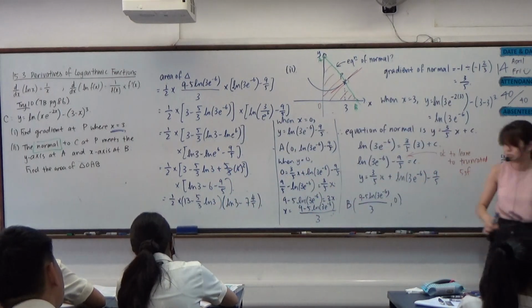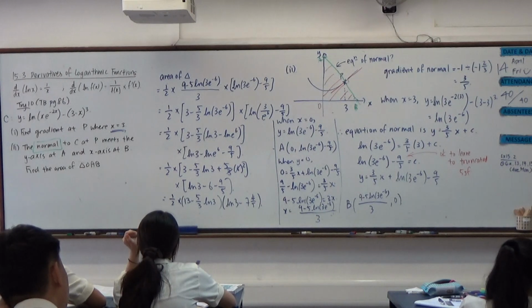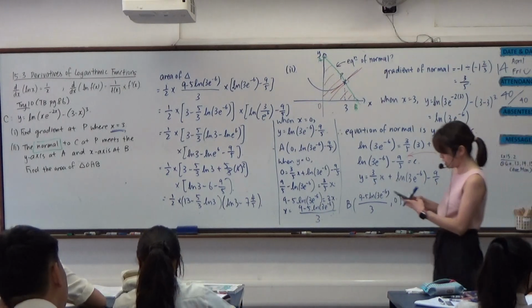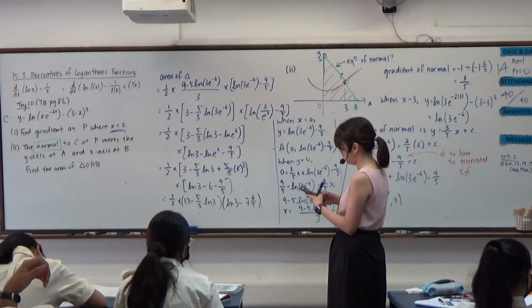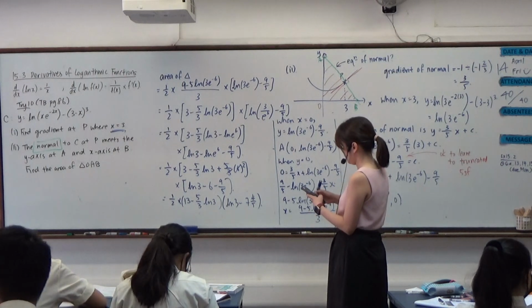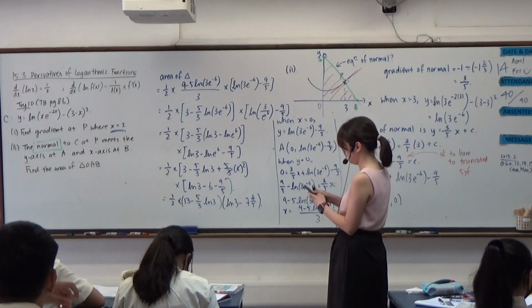Let me just do a quick check. Is it even correct? 0.5 times 3 ln 3 minus 7.